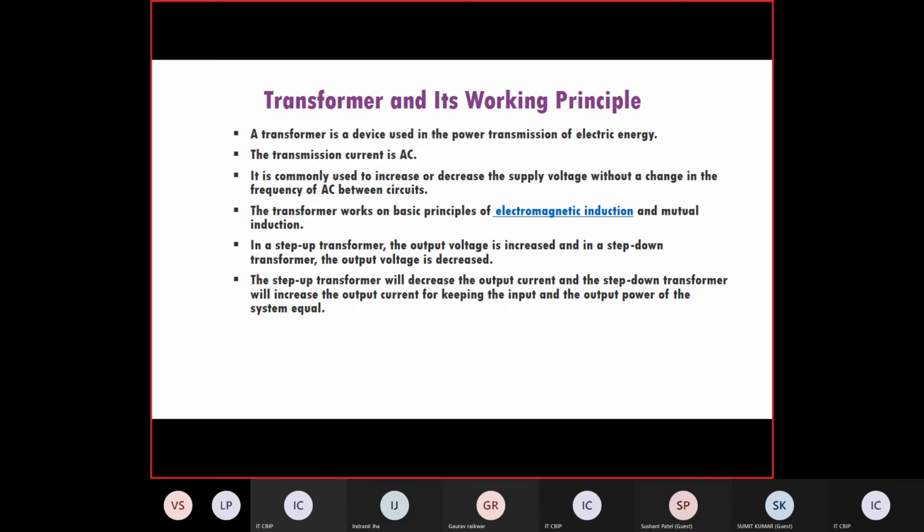a transformer, you must be knowing, has multiple windings. Basically two windings. One to which the supply is connected, and the other one where the load is connected, okay? Or the primary where the supply is being input, and the other one is called secondary where we are taking the power, okay?